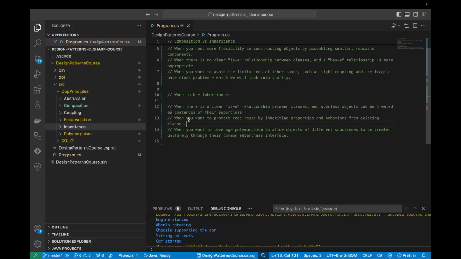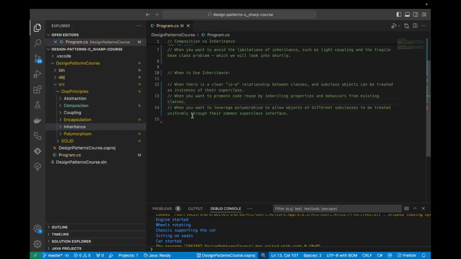Inheritance can also be used when you want to promote code reuse by inheriting properties and behaviors from existing classes. And inheritance can be used also when you want to leverage polymorphism to allow objects of different subclasses to be treated uniformly through their common superclass interface.